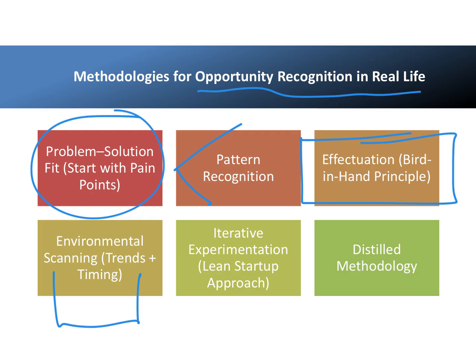I want to build something, I build a prototype, make some changes, build another one, and then finally maybe in the third or fourth iteration I have a final minimum viable product. And then we have the distilled methodology, which is taking some of the best from these other 5 and coming up with a unique methodology. So there are distinct methods to come up with.